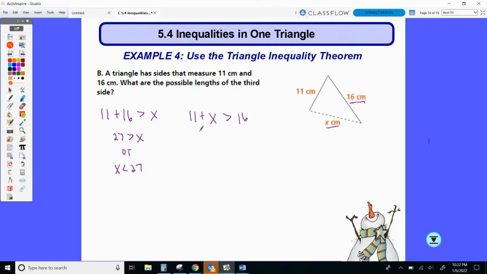And here, if I subtract 11 from each side, I get x is greater than 5. So basically x has to be between 5 and 27 for all my lengths. It can't be equal to 27 or equal to 5. It has to be bigger than 5 and less than 27 in order to make those lengths a triangle. Okay, so that's how you find the lengths.